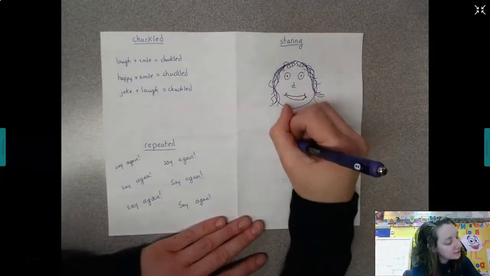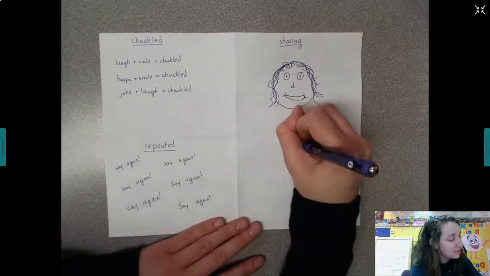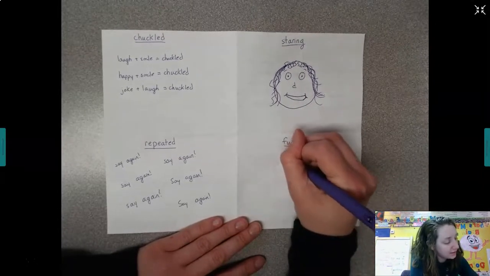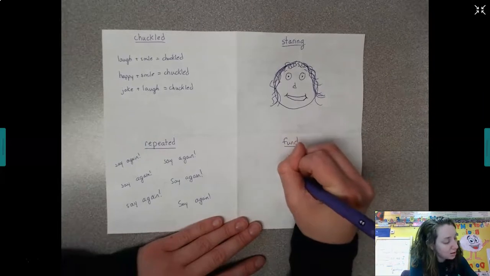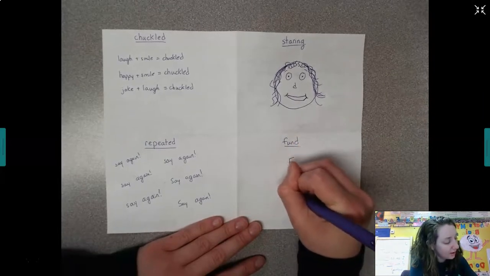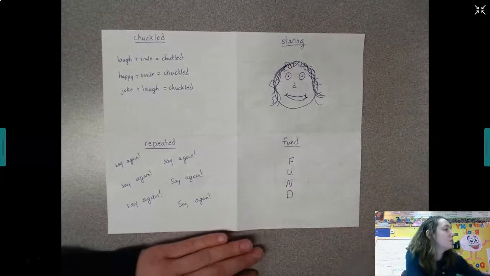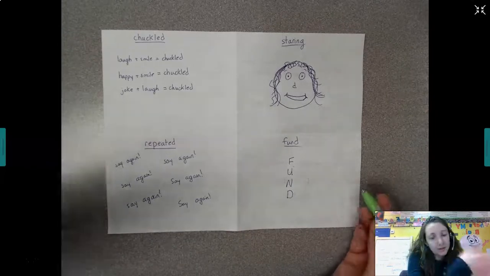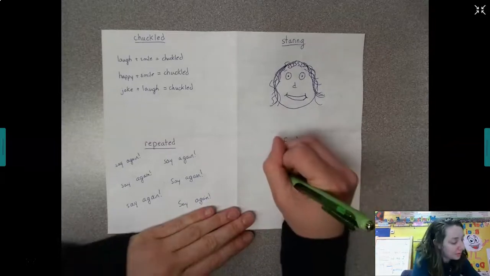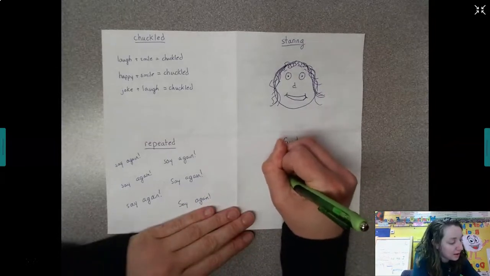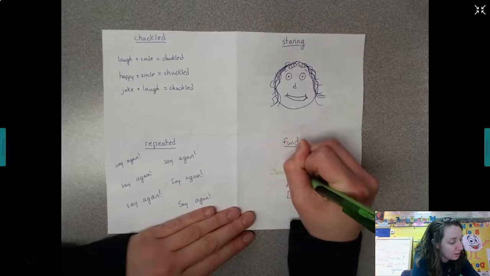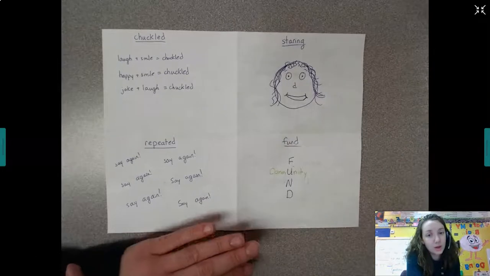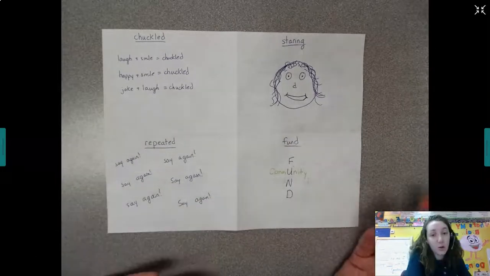All right, and our last vocabulary word, we're going to use one we haven't used yet today, an acrostic. So an acrostic is when you write the word like that, and then use the letters to make different words. And I'm going to change my color. So a fund is something you might raise for the community. So that's something I'm thinking with my U here, community. So what's another word that might go along with our fund?